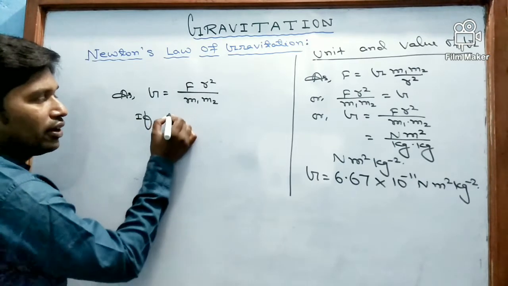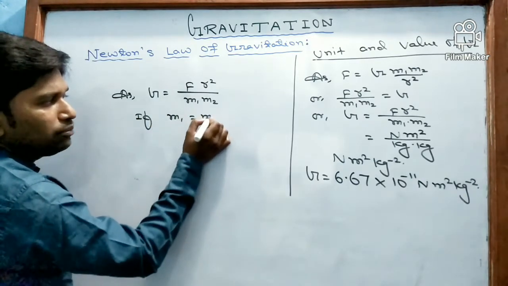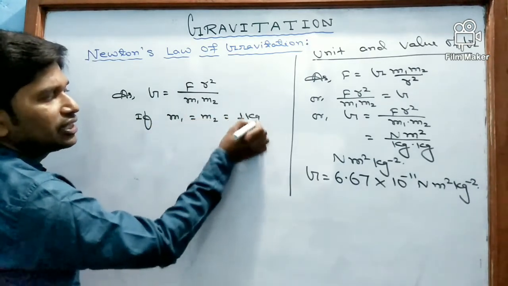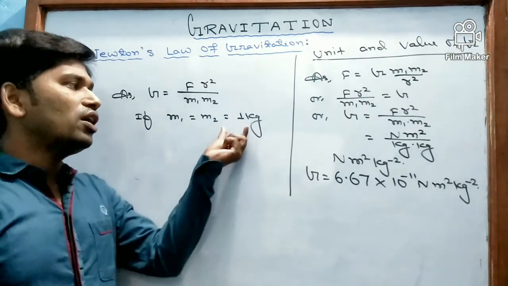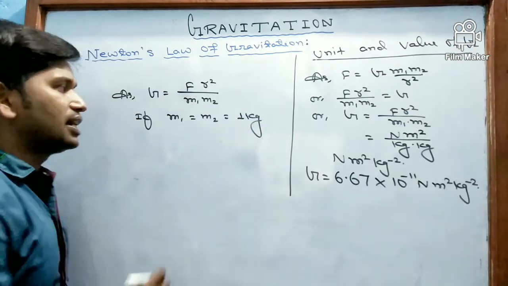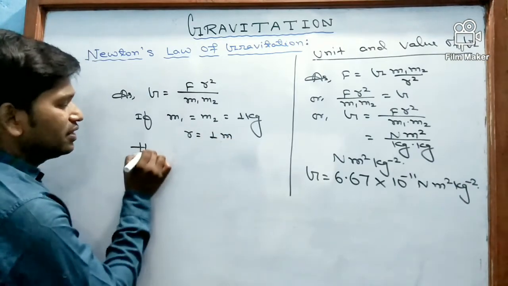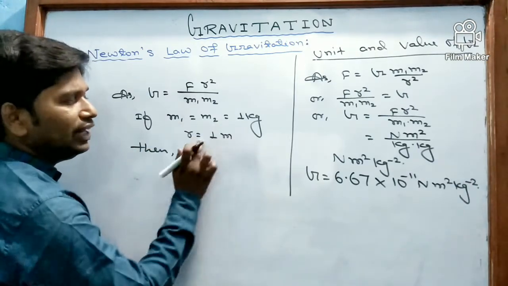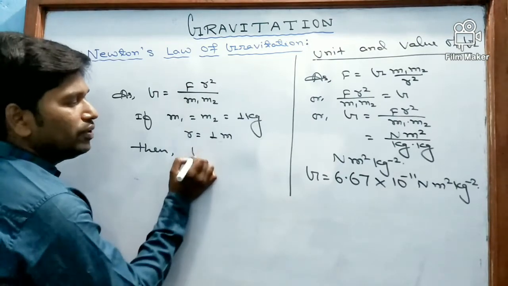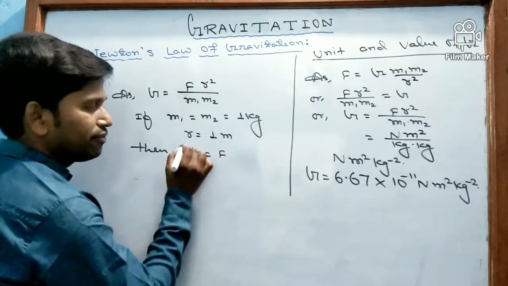If m1 equals m2 equals 1 kg, means we take two bodies of unit mass, and r equals 1 meter, then substituting these values in this equation, we get G equals F.